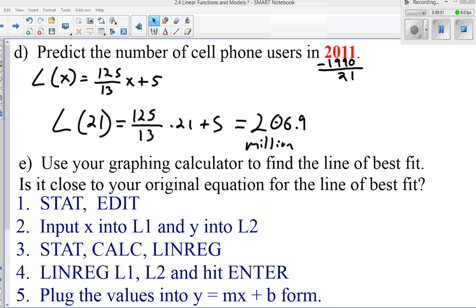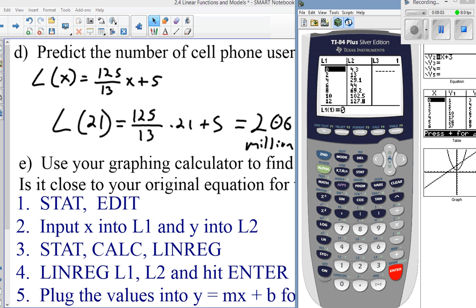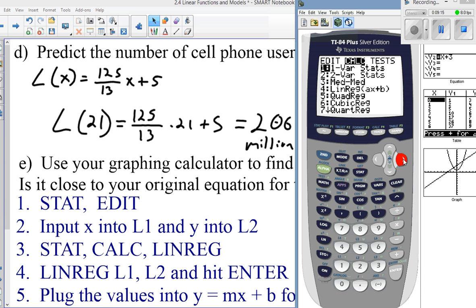After you've inserted the x values in L1 and the y values in L2, go to step 3: hit stat, go over to calc, and choose linear regression. That's number 4.